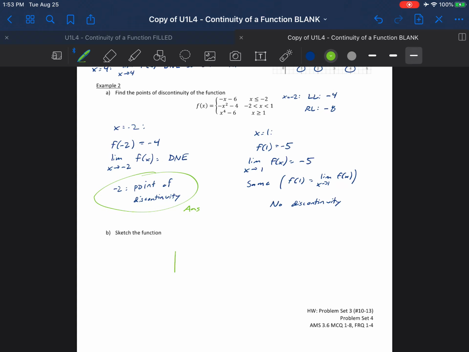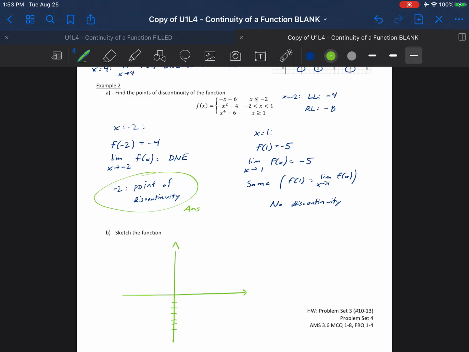And bear with me, guys, because this is not going to be the prettiest sketch, I don't think. So top function. Top function is -x minus 6. So that means I've got a y-intercept of -6 and I've got a slope of -1. So if I'm thinking about this right, this thing is going to have intercepts at -6.